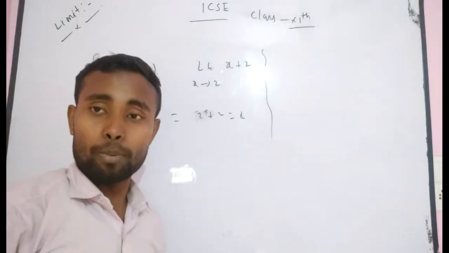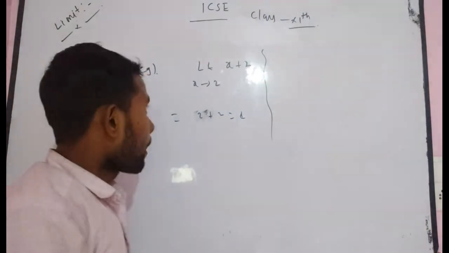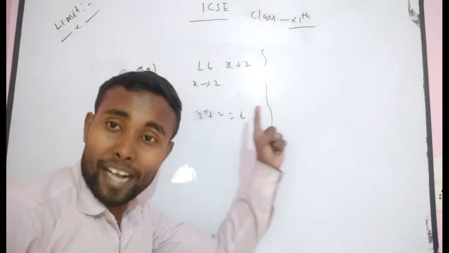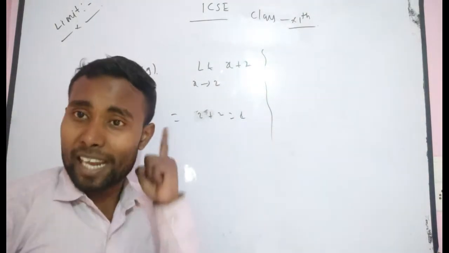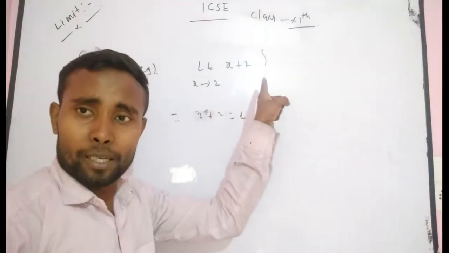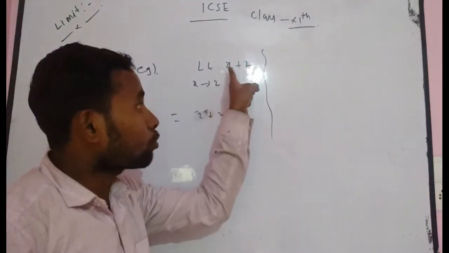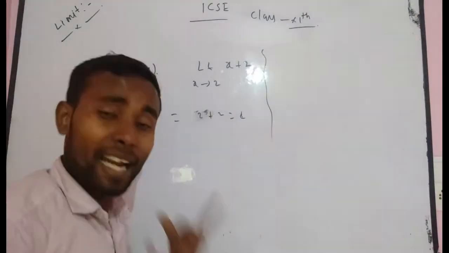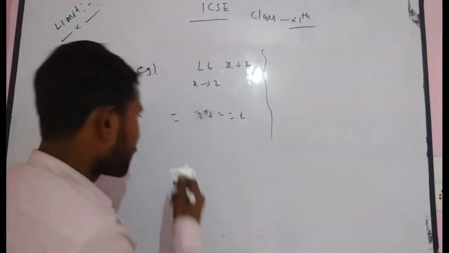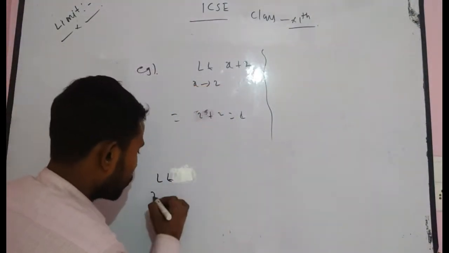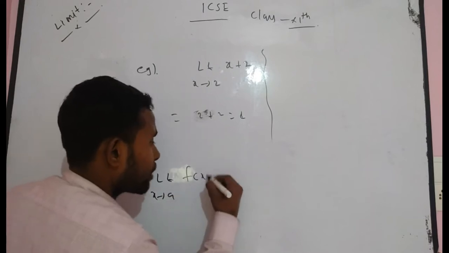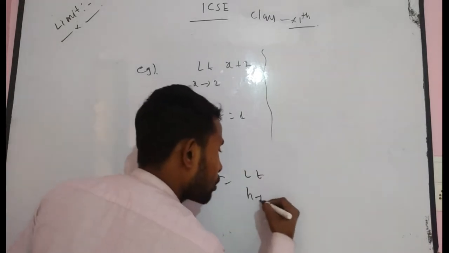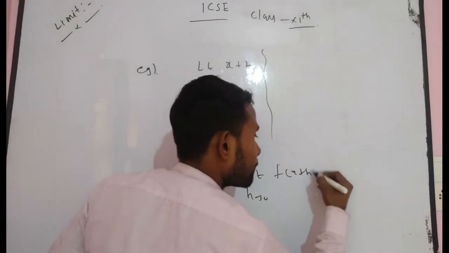But there is also another way by which you can solve. How? As you know, x plus 2 is a polynomial function, so the limit exists at x equal to 2. So you can find it another way. As I have already told you, limit x tends to a of f(x) is also limit h tends to 0 of f(a plus h).